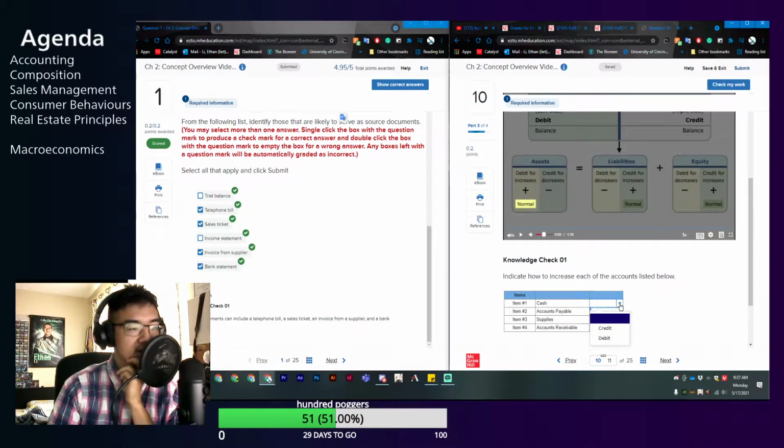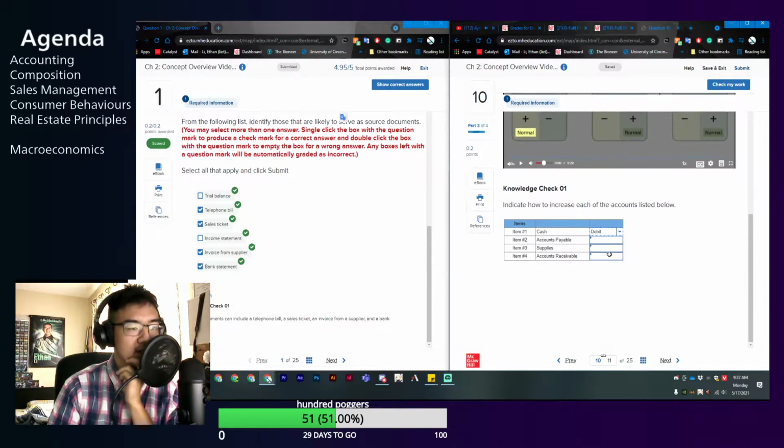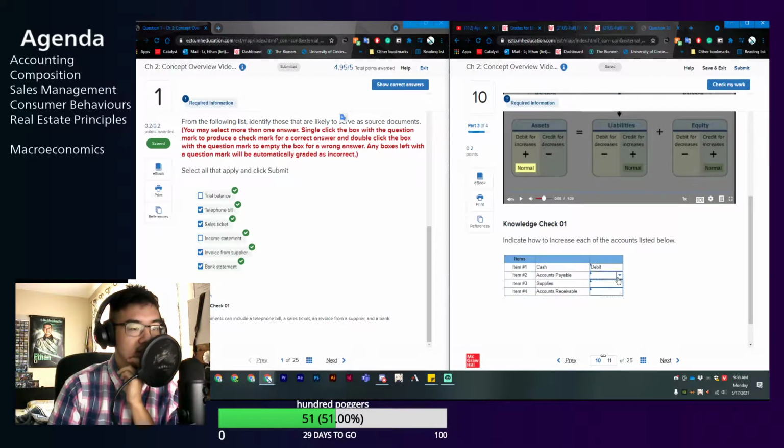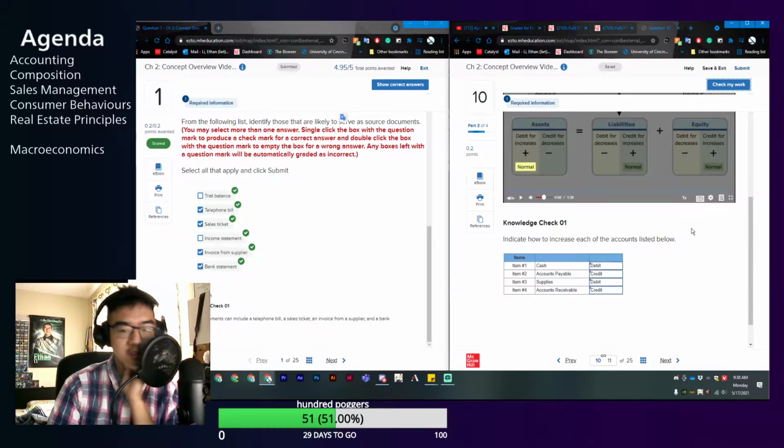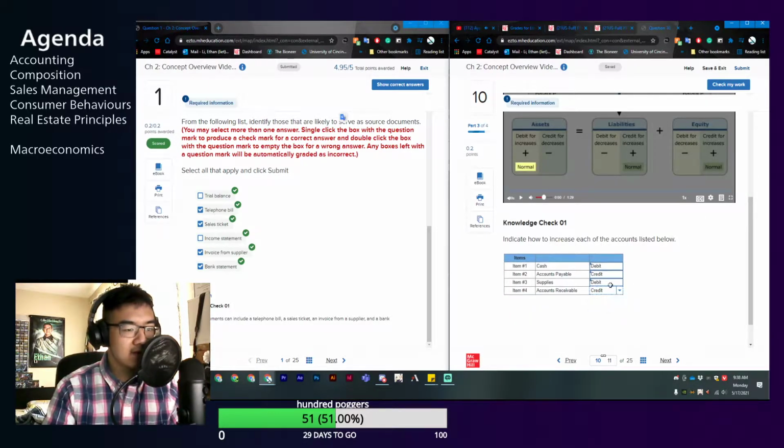Cash is an asset, so you'd credit that or debit that. Accounts payable is a credit. Supplies would be a debit. Accounts receivable would be a credit. Please be right. Oh, right. Oops. Accounts payable and receivable can't be the same because they're legitimately the opposite thing. All right, so we'll make that debit.